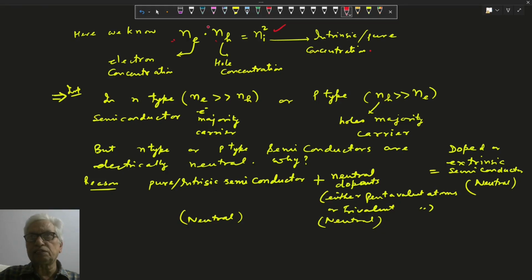N-type or p-type semiconductors are electrically neutral as a whole. The reason is that the pure semiconductor is neutral, plus we are adding the impurity, either pentavalent or trivalent, and both are neutral. So neutral plus neutral is neutral; doped or extrinsic semiconductors are also neutral.